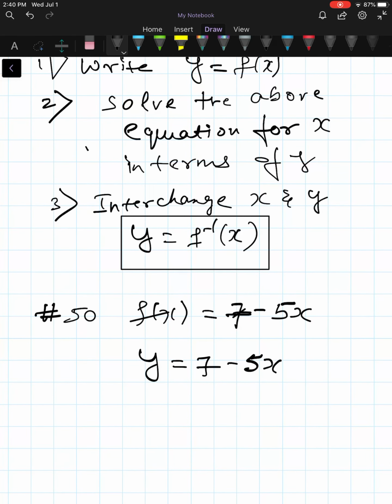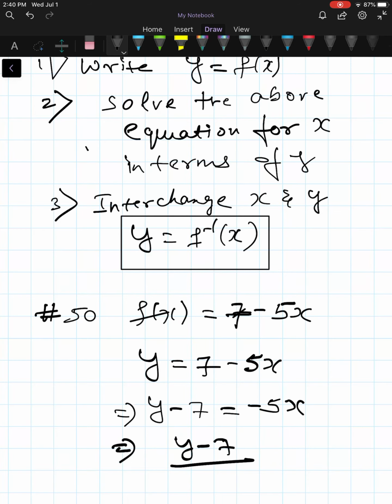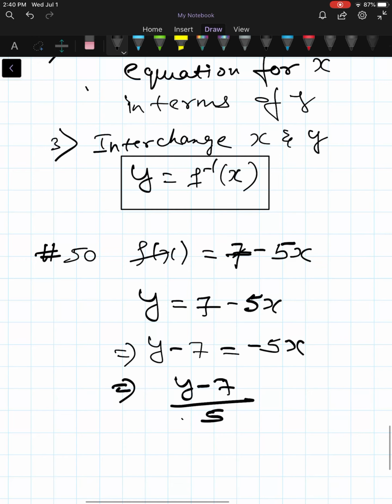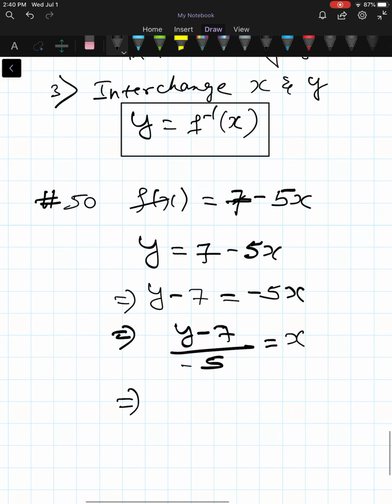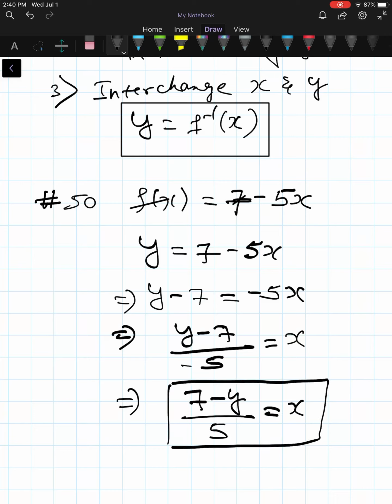So to solve the equation for x, this will be y minus 7 is equal to negative 5x. Then this will be equal to y minus 7 divided by negative 5 is equal to x, correct? So if you take the negative sign to the numerator, that would give us 7 minus y divided by 5 is equal to x, correct?